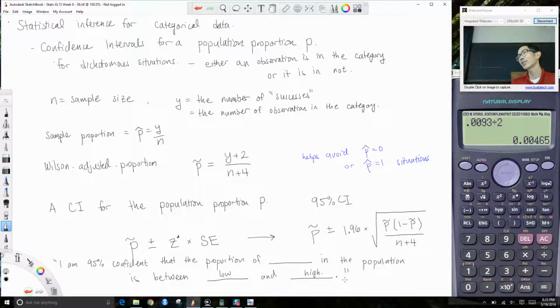If our confidence interval ended up saying I'm 95% confident that the proportion of people who are going to vote for such and such candidate is between 45% and 55%, then we can ask questions like, do I have evidence that the proportion of people who are going to vote for whoever is not 60%?